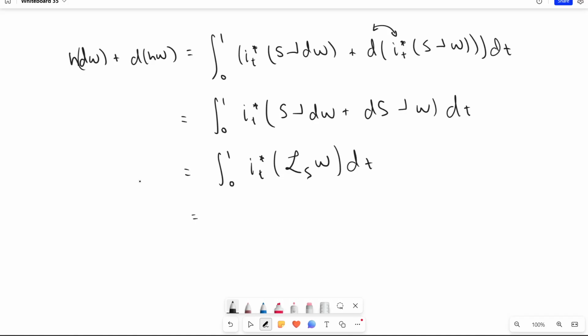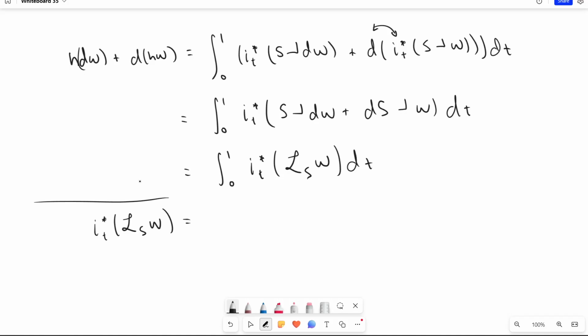Now, let's see. We can rewrite this interior part in order to integrate nicely. Let's say I_t star of the Lie derivative with respect to S of omega. By definition, more or less, we can translate.